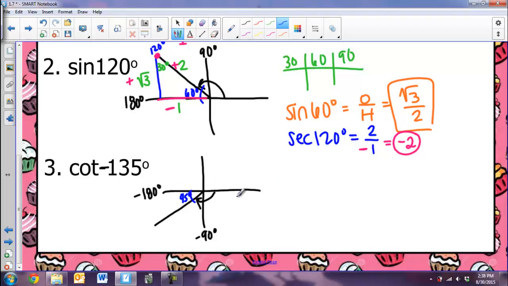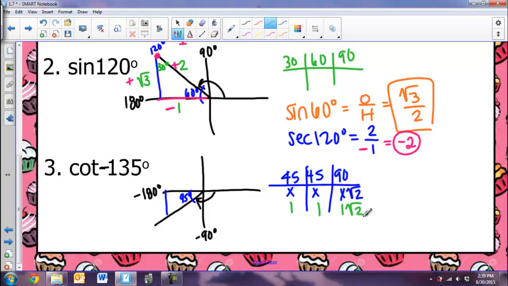Well, we know some stuff about 45-degree right triangles. If I made this into a beautiful triangle, remember this is x, x, x√2. We're going to make this as simple as we can, so we're just going to plug in. This one side length is going to be 1, this one's going to be 1, and this will be 1 square root of 2.